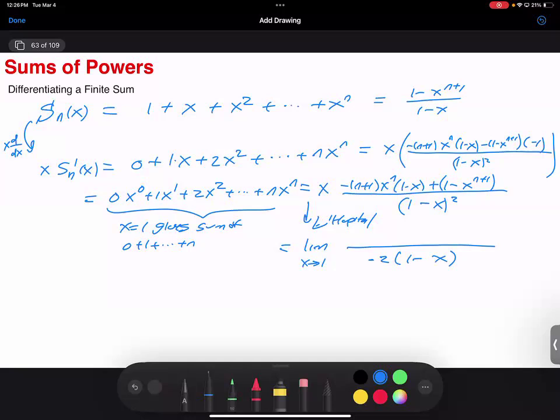Okay. Now for the top, we could use the product rule. It's actually better to expand things first. -(n+1) x^n minus x^(n+1), and its derivative is going to be -(n+1) times n x^(n-1) minus (n+1) x^n.